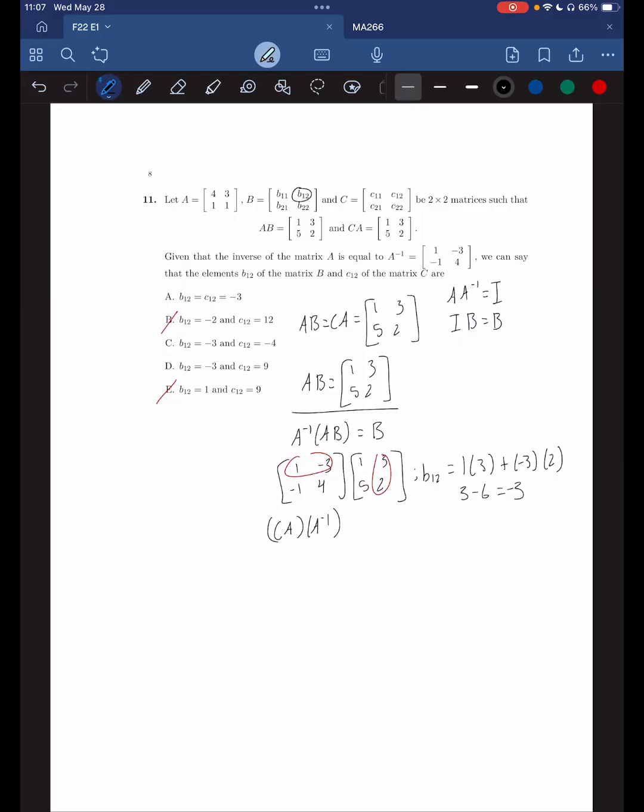CA is also 1, 3, 5, 2. What is A inverse? 1, negative 3, negative 1, 4. We want to find element C12. That's first row, second column.